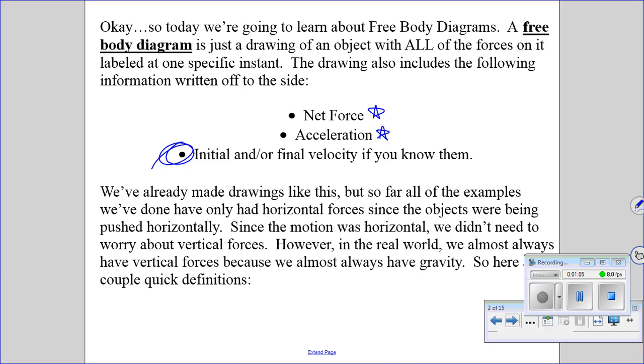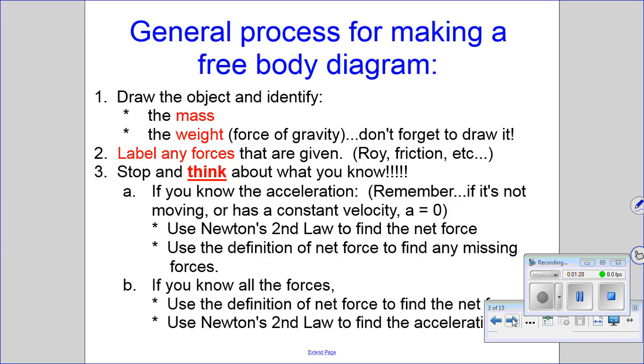And then if you know anything about your velocity, you're going to write that down nearby too. Notice when you make your free body diagram, you have to literally draw the object with all of the forces on it. Okay. So every force is going to get its own arrow. So anyway, like I said, we've been making drawings like this for a little while. We're just going to fill in some details.